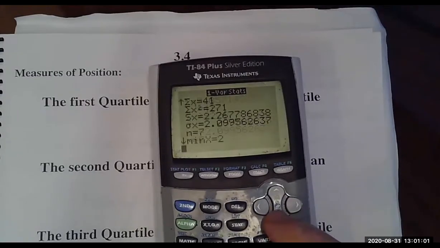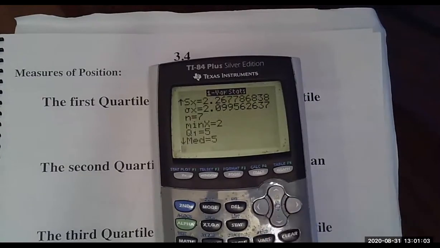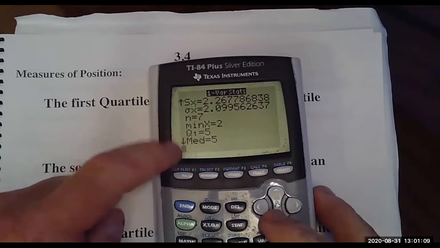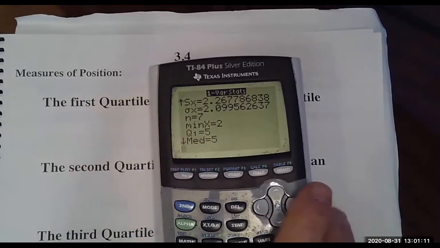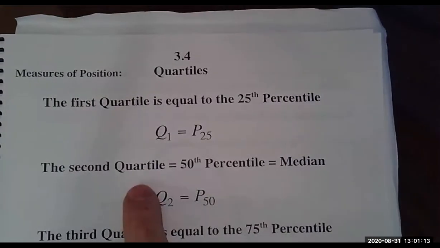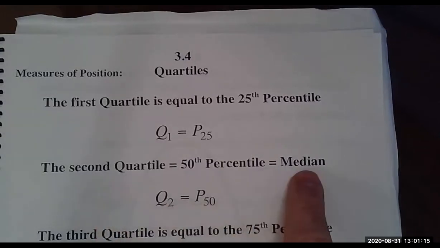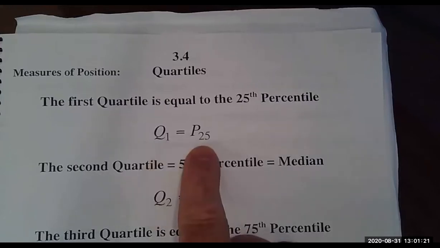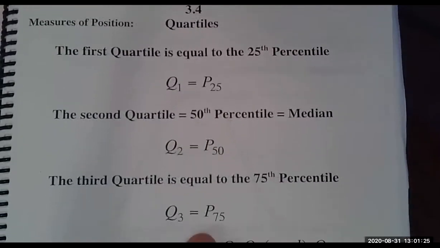And then if you scroll down, you'd see Q1, for instance. Oh, by the way, Q2 is the median. It's the middle number. So Q2, the second quartile, is the same as the median. It's also called the 50th percentile. Then the 25th percentile, and 75th percentile, and so on.